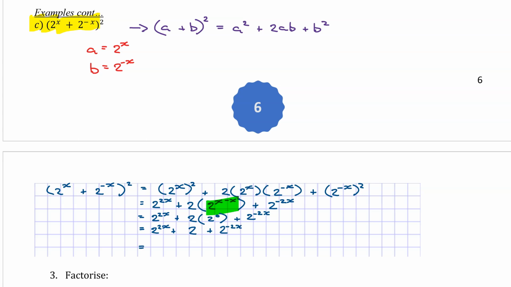And now writing it in its simplest form, we're going to find that we get the answer of 4 to the power of x plus 2 plus 1/4 all raised to the power of x, like so. So this would be the solution to 2 to the power of x plus 2 to the power of negative x all squared.